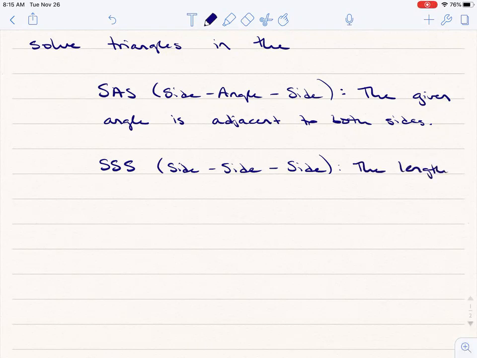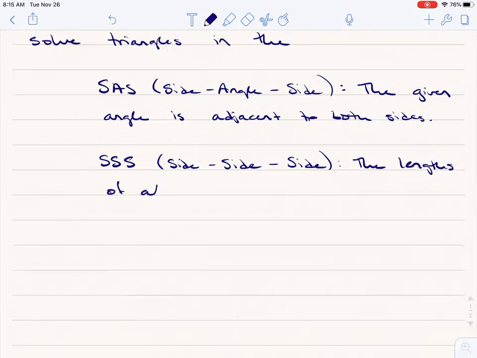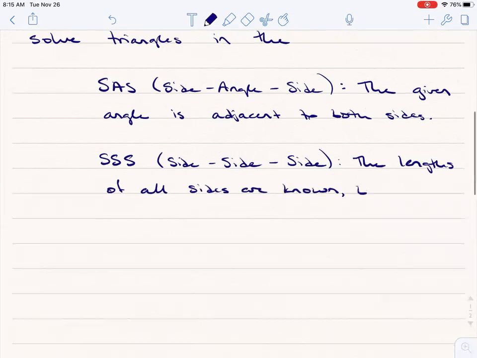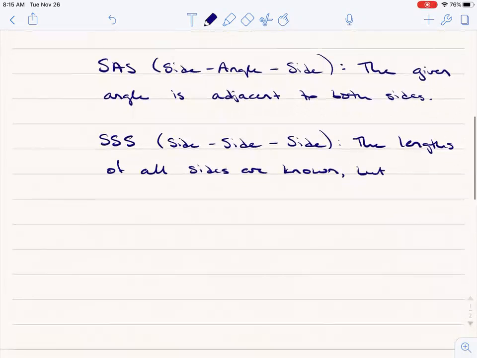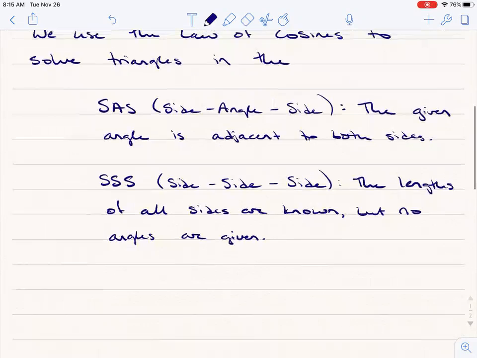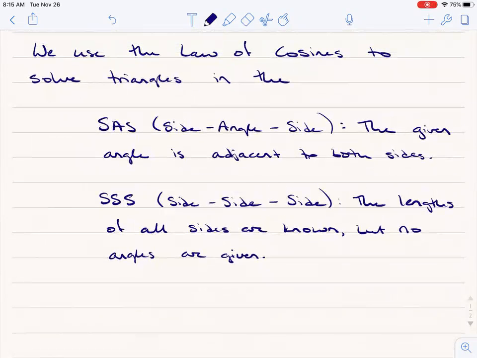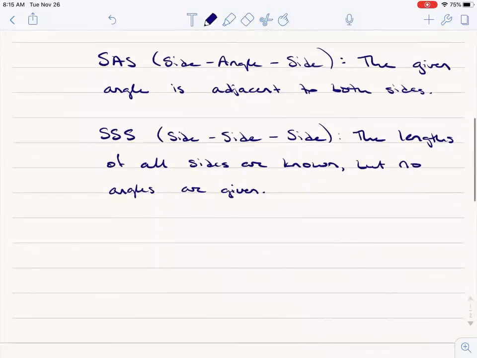The lengths of all sides are known, but no angles are given. Also, here we use the law of cosines to solve triangles in the side angle side and the side side side cases.